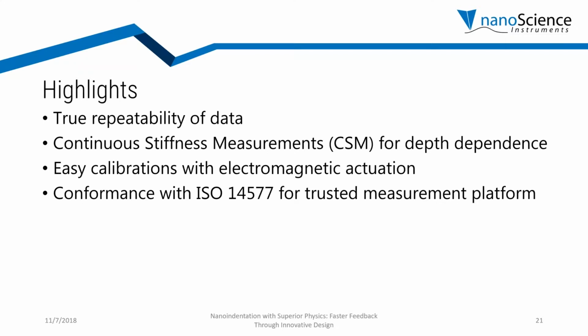You can compare data between different systems and between different time points without having to worry about it. And lastly, the system is ISO 14577 compliant. What it means is that the standards set by ASTM are followed in our systems, and so that's how you can get repeatable data and compare data between different instruments.